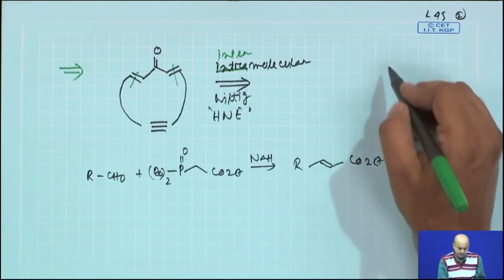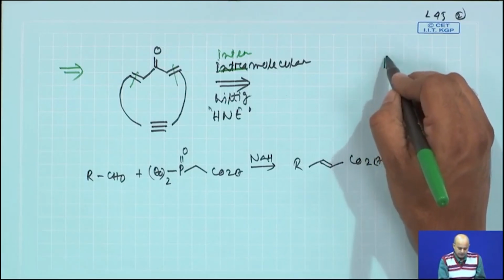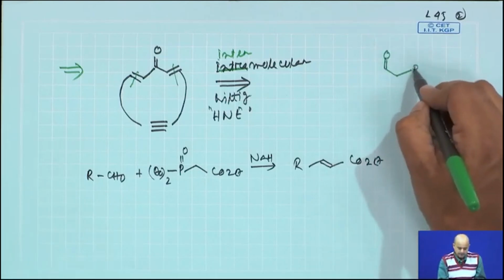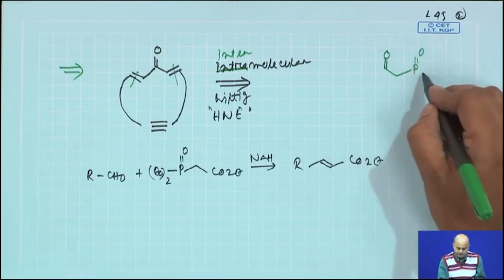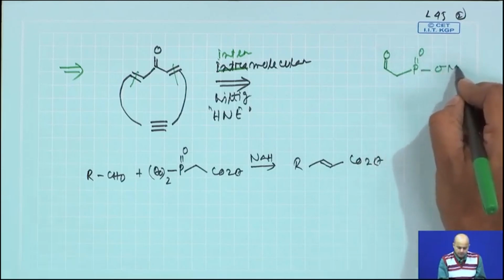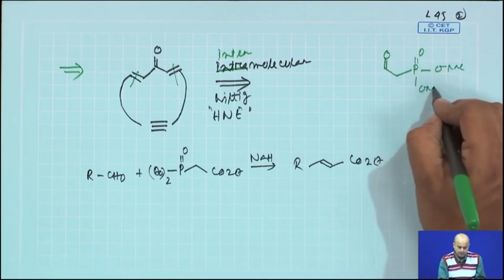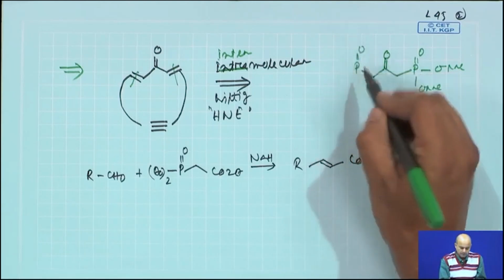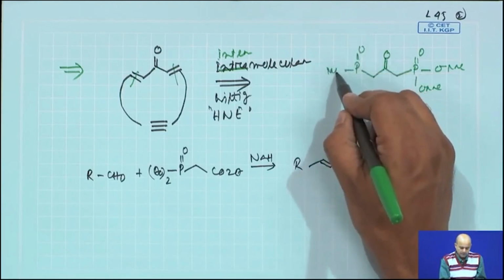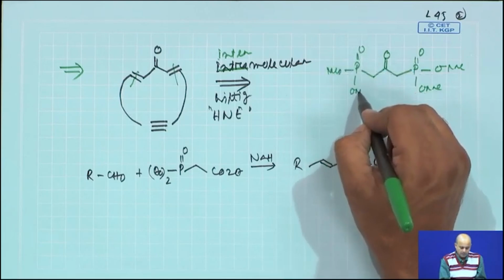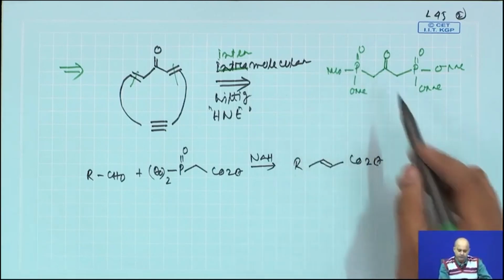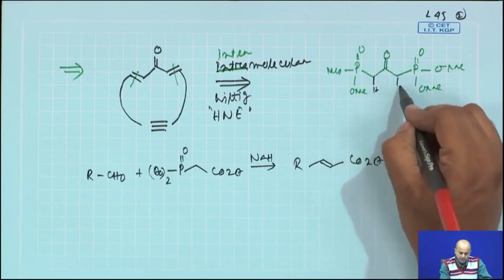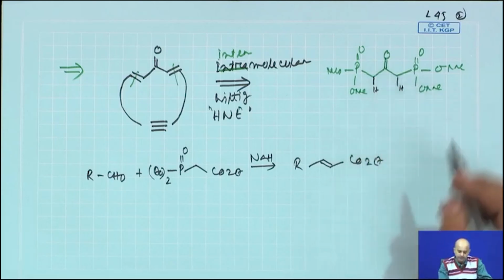Then I say that in between you put this carbonyl, and the phosphonate is a bisphosphonate, something like this, MeO-OMe. This bis-ketophosphonate, in principle, has acidic hydrogen here which can be easily picked up by base.